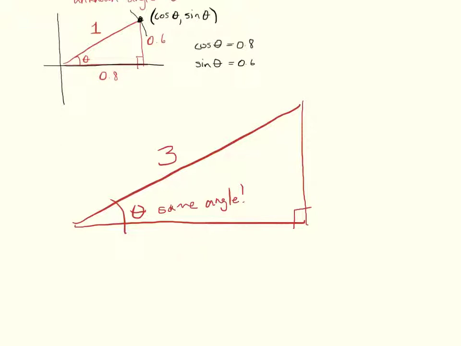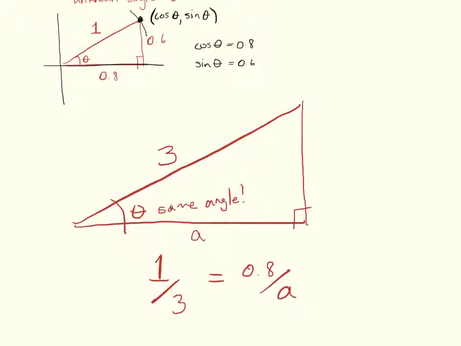So that tells us that 1 over 3 equals, I'm going to call this side length here A for adjacent, 0.8 over A. Agreed?